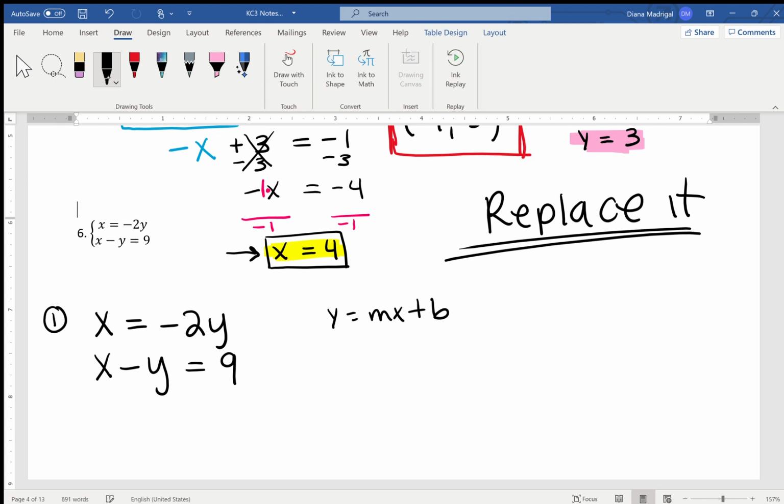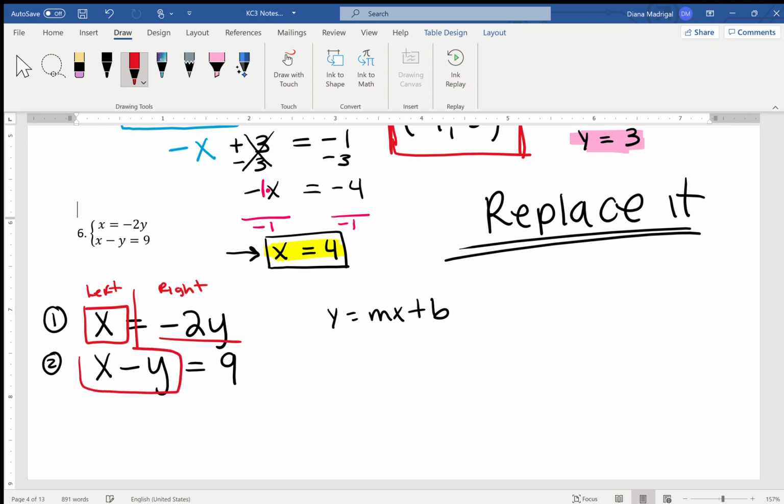Because I have the x by itself on the left, and I have negative 2y on the right. However, they didn't give you the y for this one. However, they did give you how much x is: x is negative 2y. On the second equation, they give it to you in standard form.